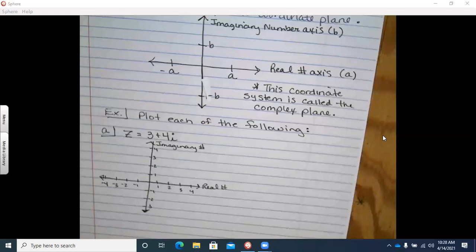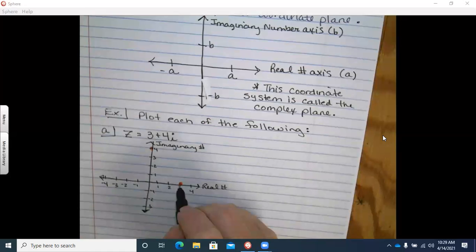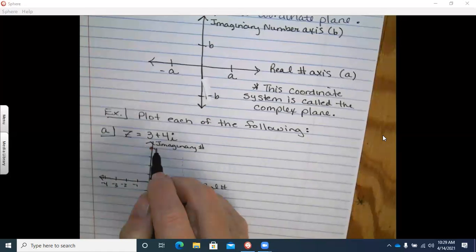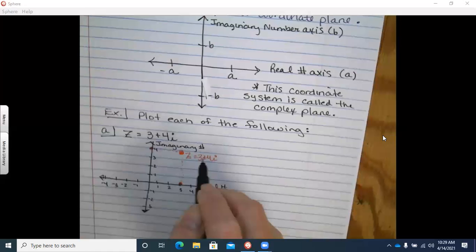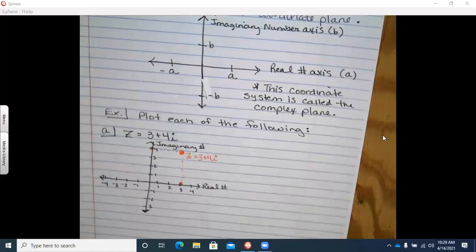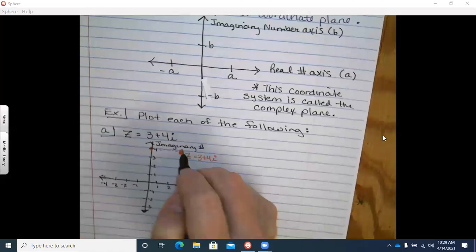So this could not be any easier. My real number is 3. The imaginary part is 4i. We're just looking at the 4, right? So where those two would intersect, that point right there, that's where z equals 3 plus 4i would be located, where my orange point is.